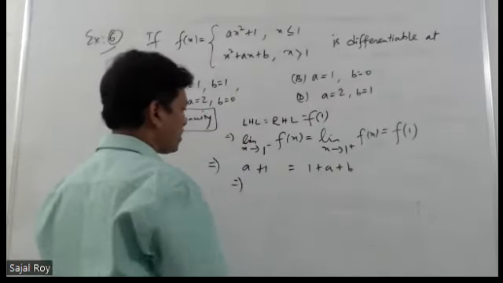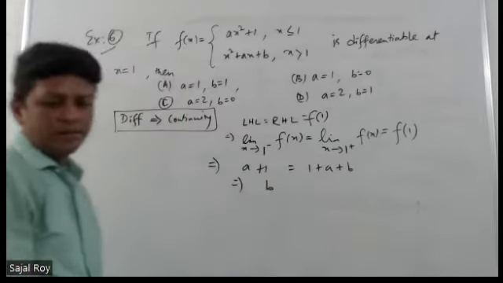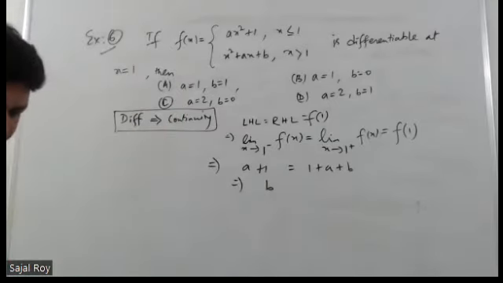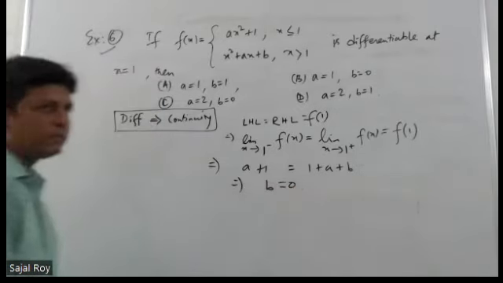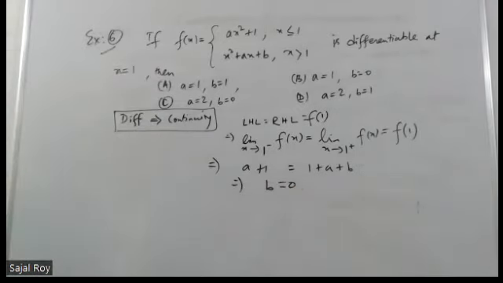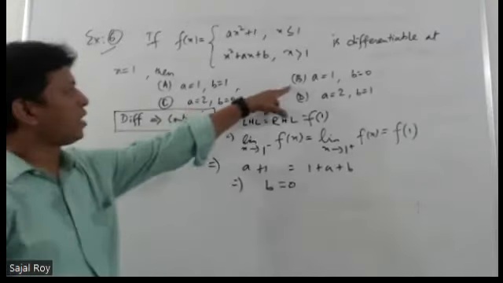After simplification, what is the value of b? b equal to 0. So you got b equal to 0. That means your option can be either b or c.